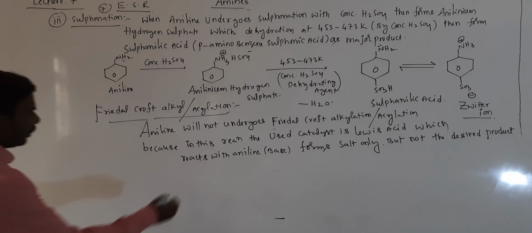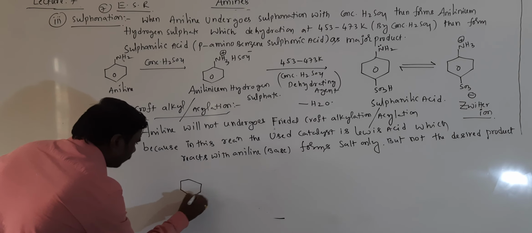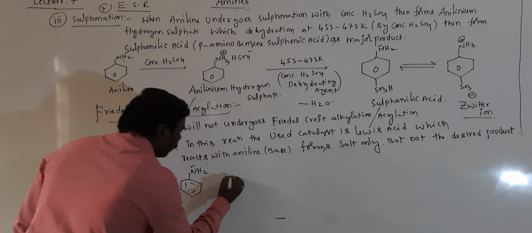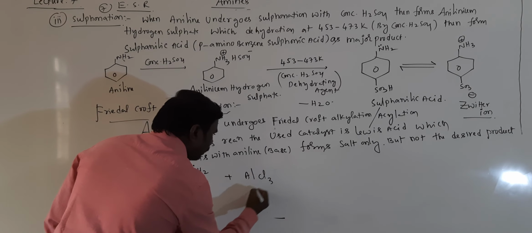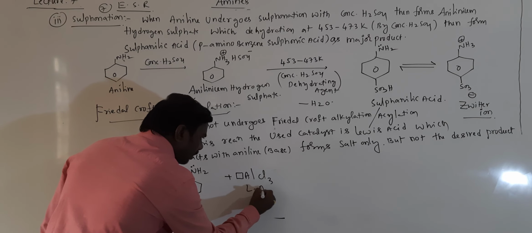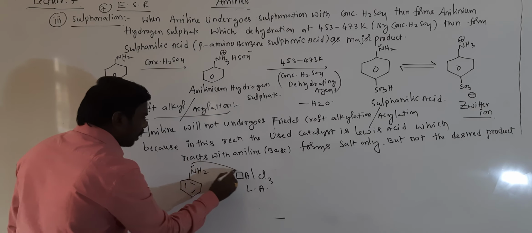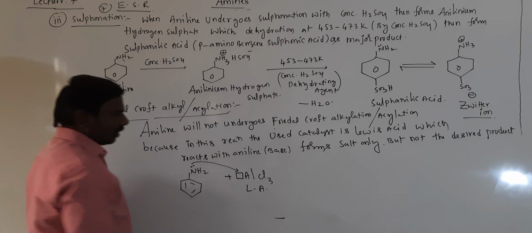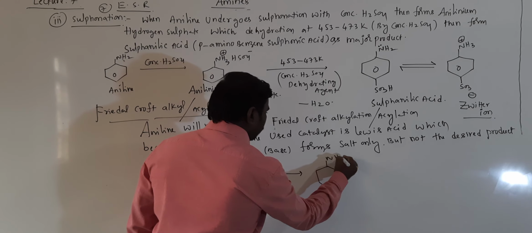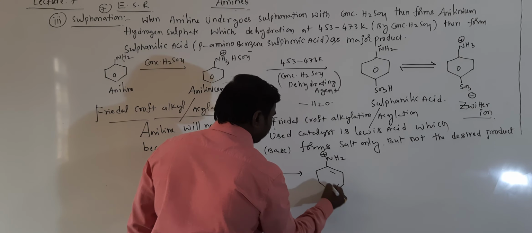So now aniline, it is NH2 group, lone pair. Lewis acid is AlCl3. AlCl3 has an empty orbital, Lewis acid it is. These electrons are donated to this one. Obviously this becomes NH2 plus, okay.